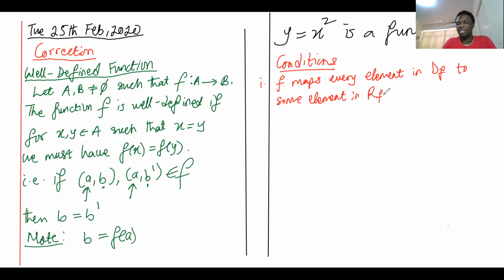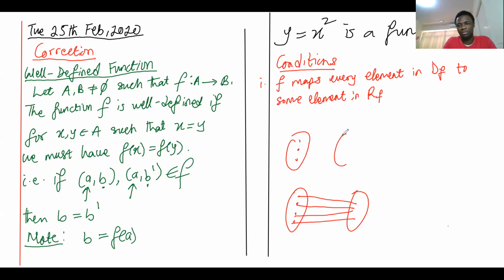It means no element is left out. So if I have three elements here, I will talk about this later. It's called an arrow diagram. If I have four elements here, every element here can go there. No element will be left out. So for example, if I have this, I cannot call this a function because this guy is left out. Understood, everyone? That's the first condition.